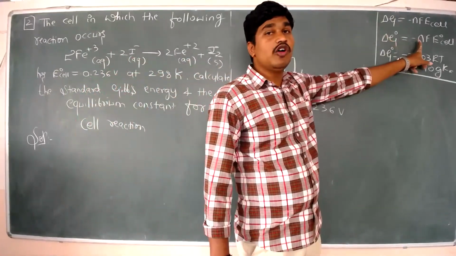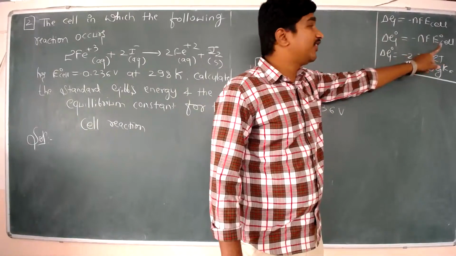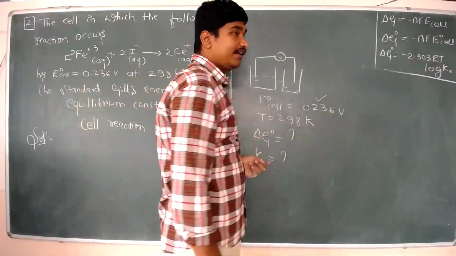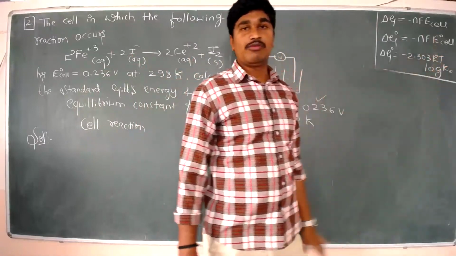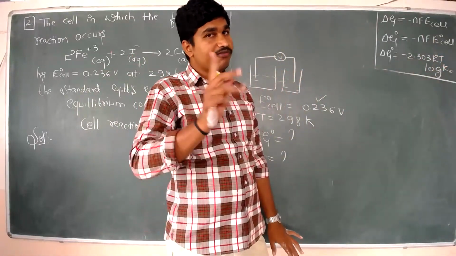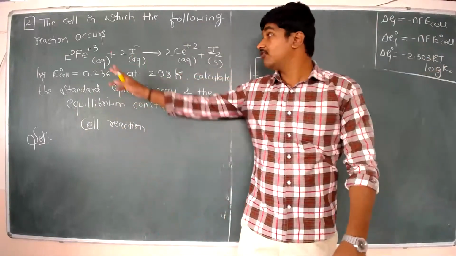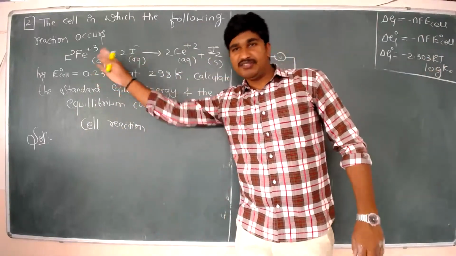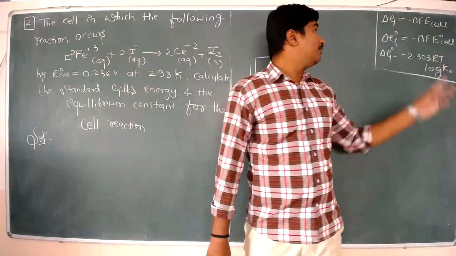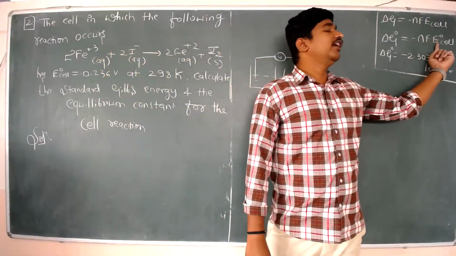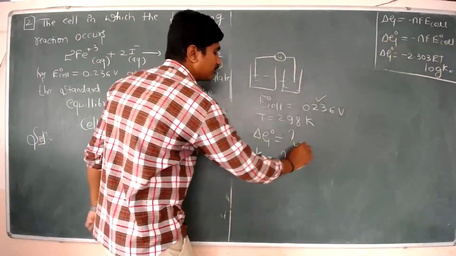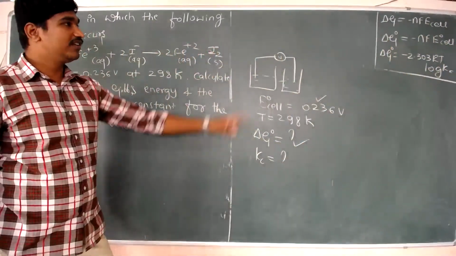Delta G naught is equal to minus nF into E naught of cell. E naught of cell is already given, that is 0.236, right? Now, F value we already know, 96,500 coulomb per mole. That is the charge of 1 mole of electrons. N value we can calculate by seeing the reaction. By observing the reaction, we can calculate how many electrons are involved. Means n is known, F is known, E naught of cell value is also known. Then we can easily calculate delta G naught by using that formula.